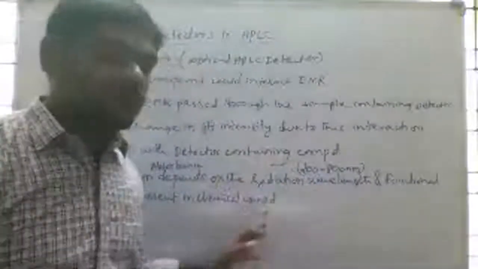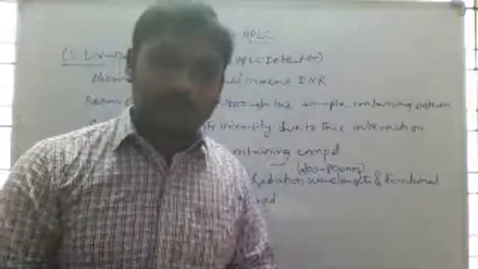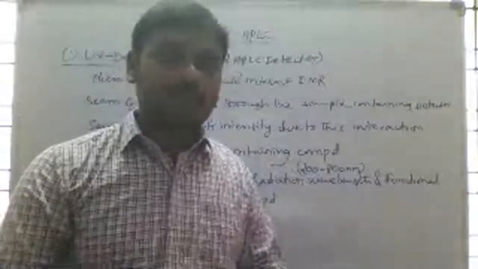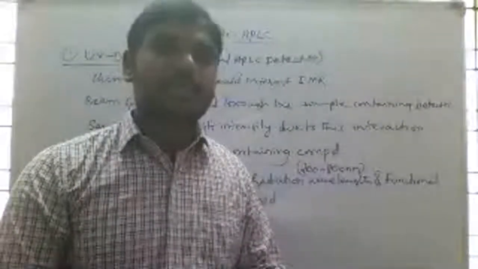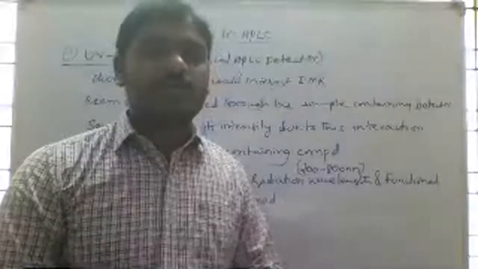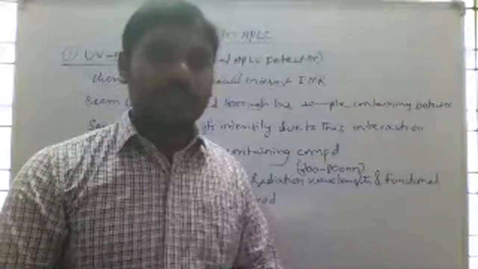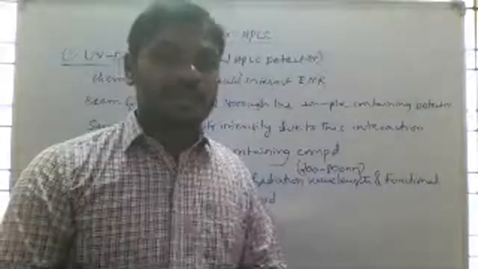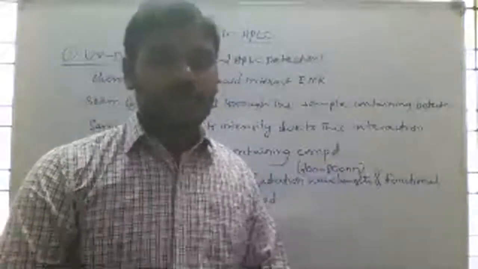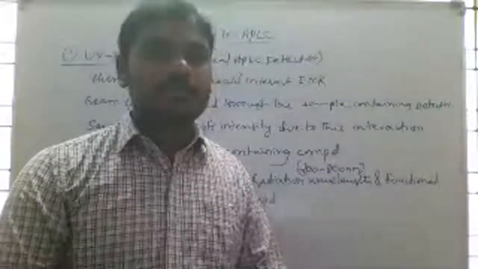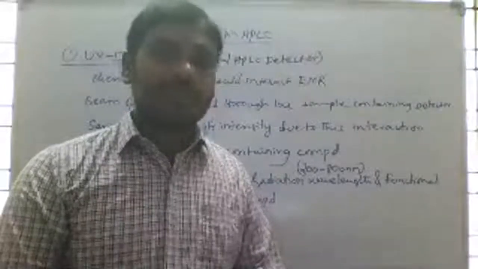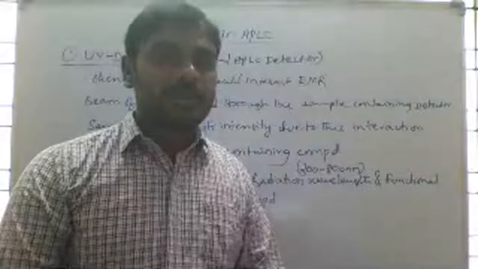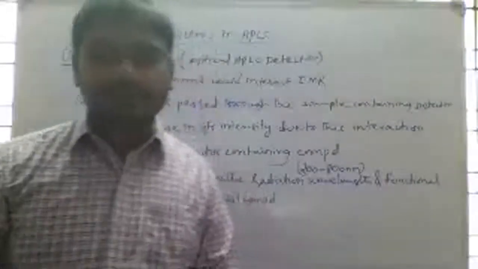And also functional groups, the different functional groups present in the organic molecule: halides, ketones, esters, amides, nitro, alcohol, etc. So the absorption mainly depends on the wavelength used as well as the nature of the chemical compound. Different functional groups absorb different radiation.